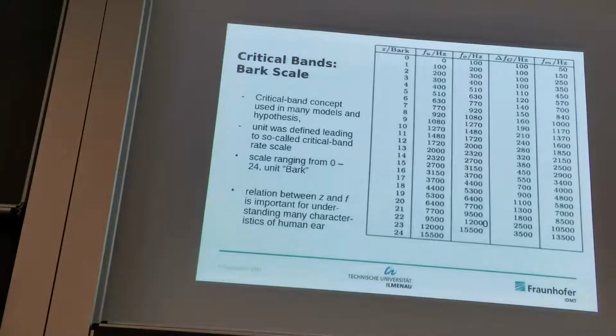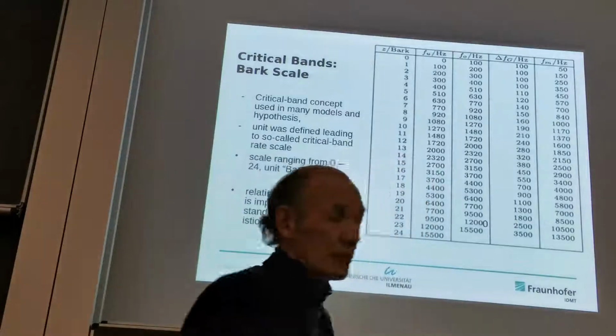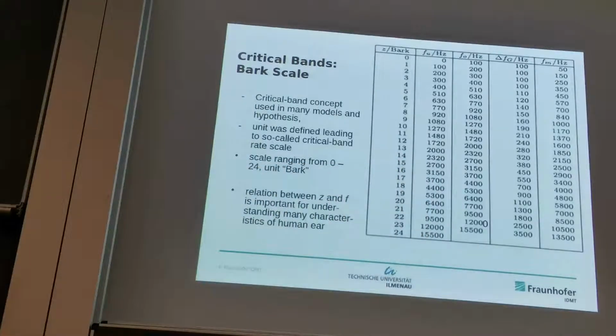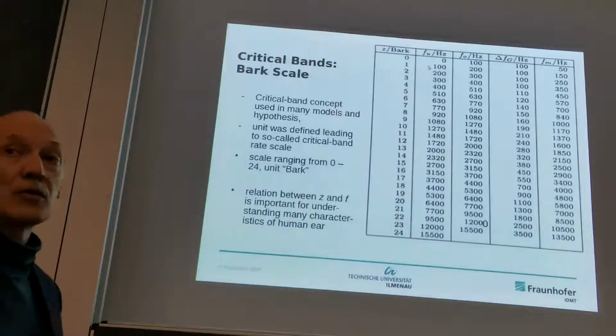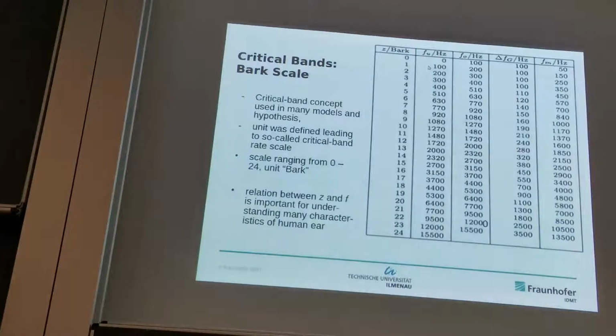Could you please explain the other columns, the left three? Yeah, good point. So here, this is the Bark number in the first column. FU means the lower end of the frequency of the band, and FO means upper.